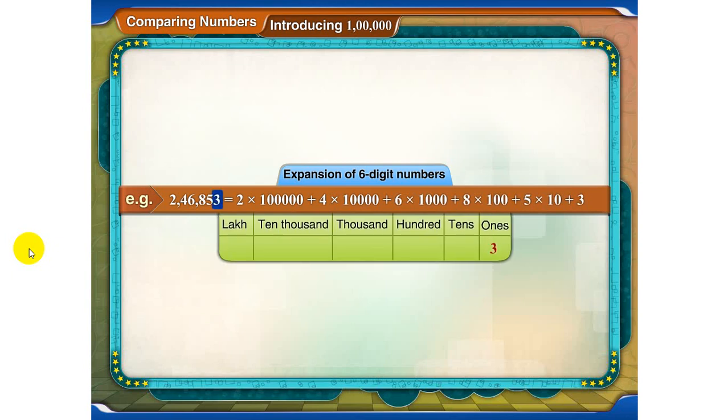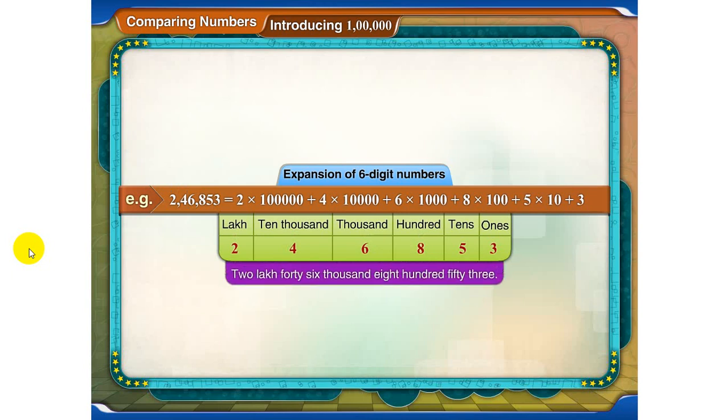This number has 3 at 1's place, 5 is at 10's place, 8 is at 100's place, 6 is at 1,000's place, 4 is at 10,000's place, and 2 is at lakh place. Its number name is 2,46,853.